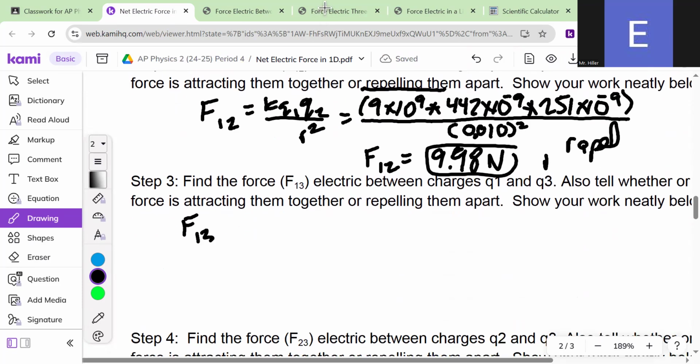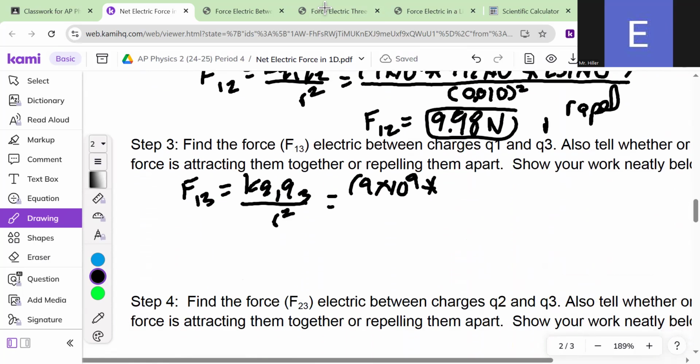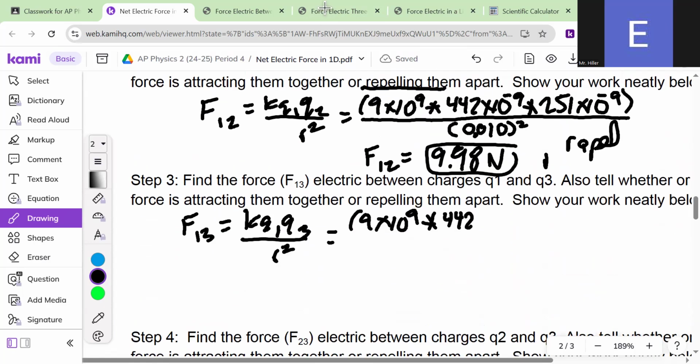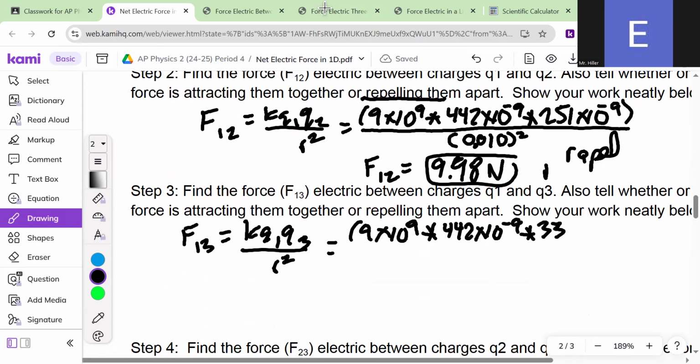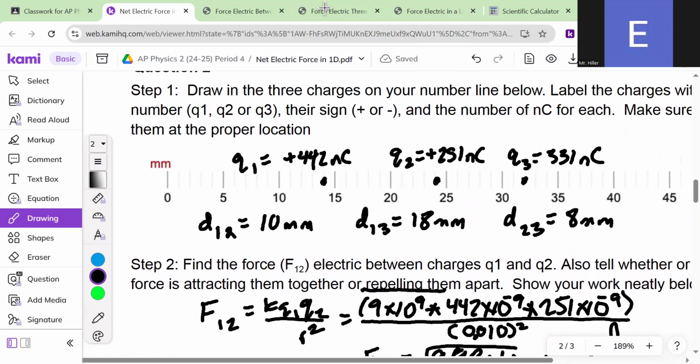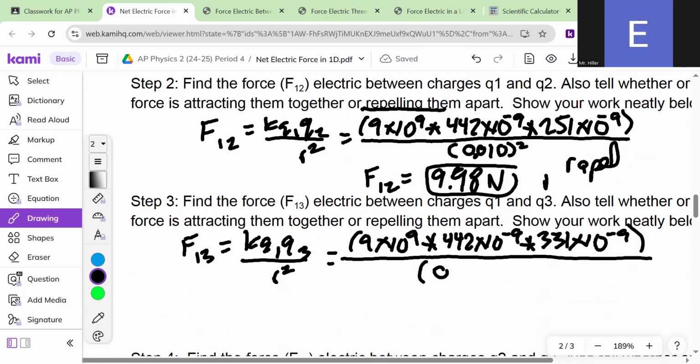F13, same thing, but it's going to be K Q1 Q3 over R squared, specifically between 1 and 3. So we'll go 9 times 10 to the 9 times Q1, 442, times Q3, 331. Divide that by the distance between 1 and 3, which is 18 millimeters, or 0.018 meters quantity squared.